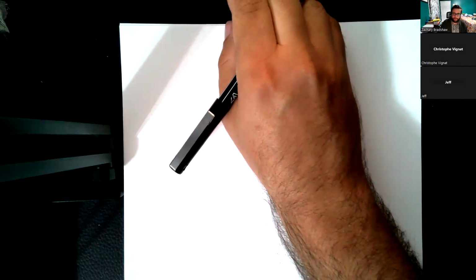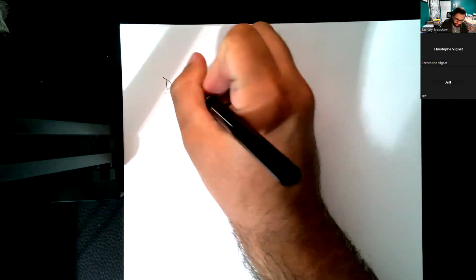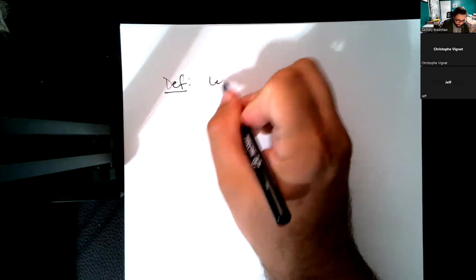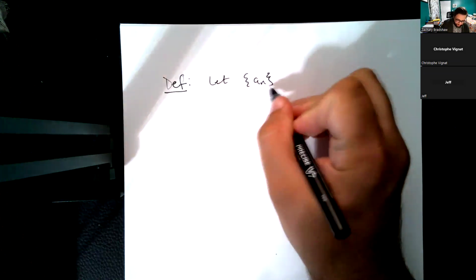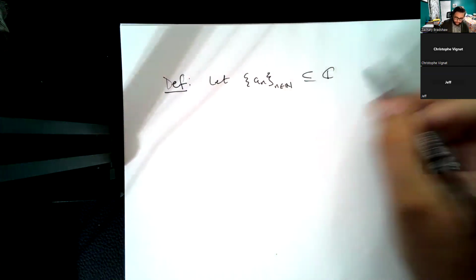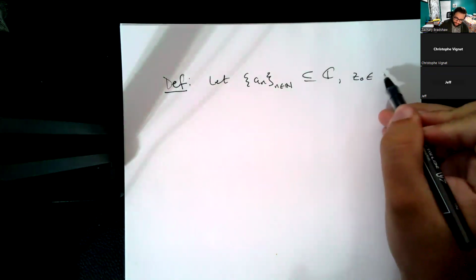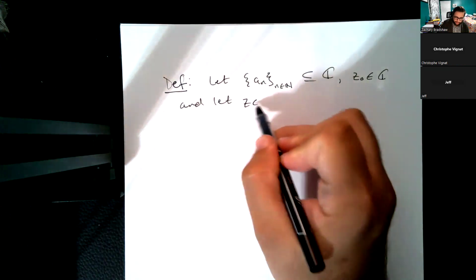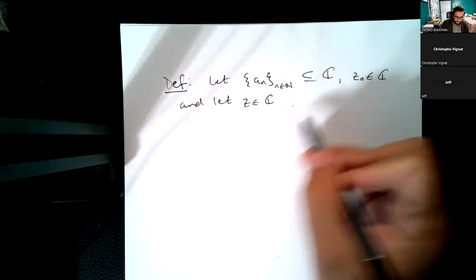Okay. So first things first, we haven't talked about power series explicitly yet. So let's define, let's take a sequence of complex numbers and fix a point in the complex plane, and let C be some arbitrary point in the complex plane.